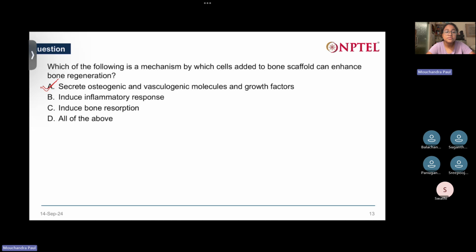Also, the cells we add along with the scaffold should not immediately stimulate bone degradation, or bone resorption. The bone resorption should be done by the host cells, which should degrade the bone as the new bone formation is happening. The cells that you're adding from outside should not do that. Otherwise the mechanical properties will be compromised immediately after implantation, so it is not required.